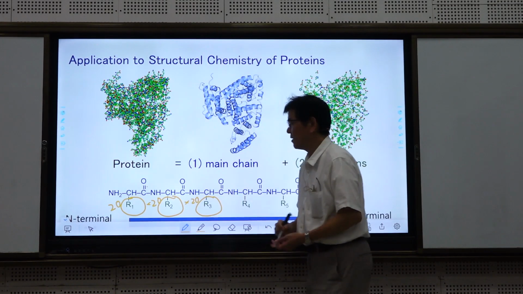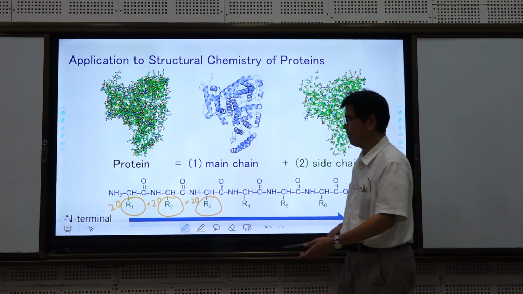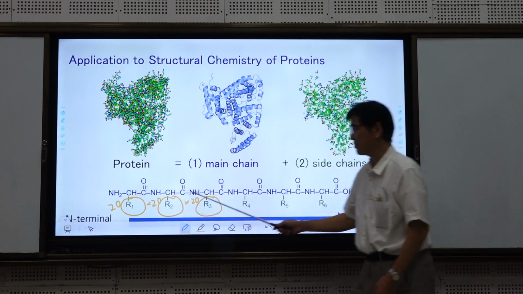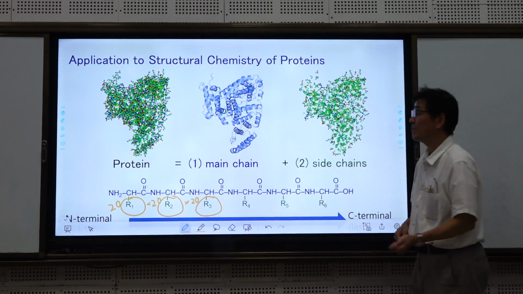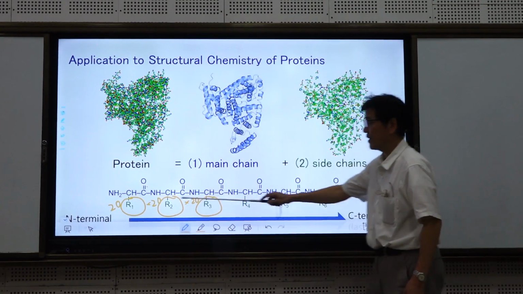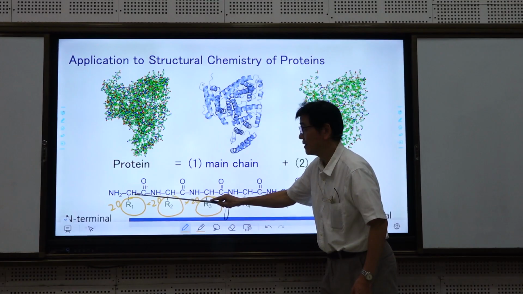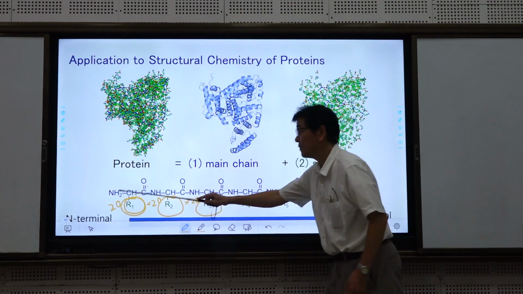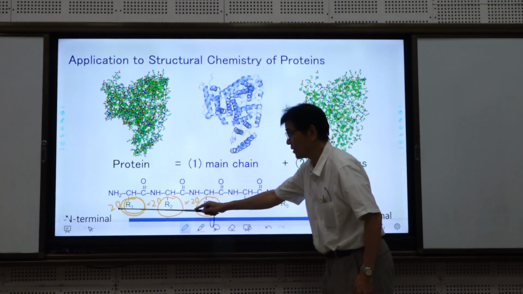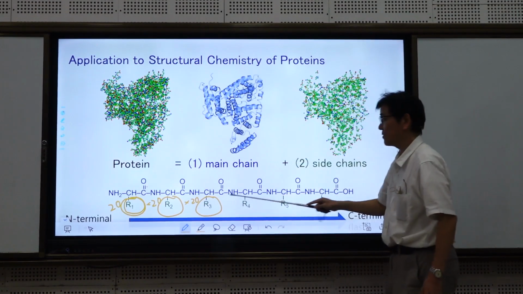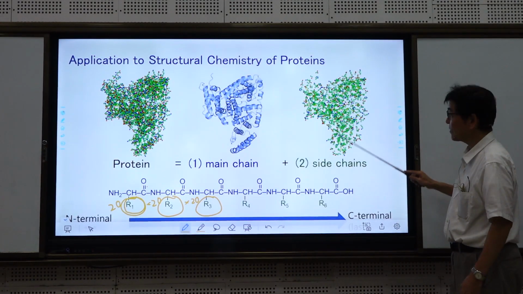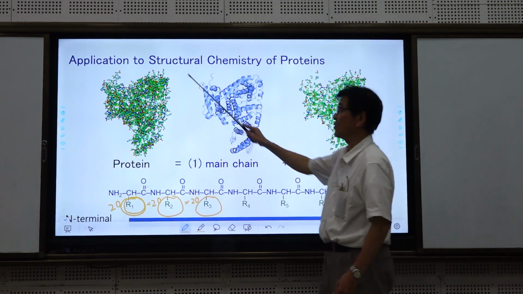So there is a large number of combinations of R1, R2, R3, R4. And anyway, this is the side chain, and the order of the R1, R2, R3, R4, R5, R6 side chains determines the property of the protein.